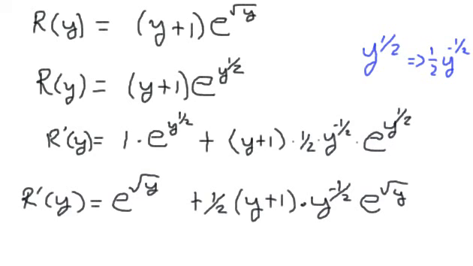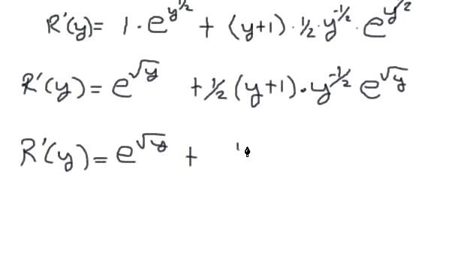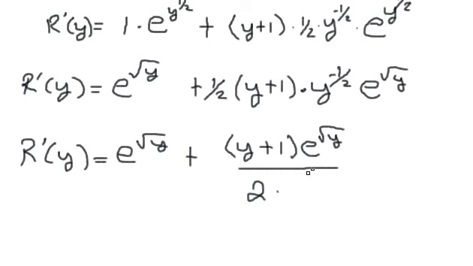Let me go ahead and write this one more time. So r prime of y is equal to e to the square root of y plus, now I'm going to leave the y plus 1 in the numerator, put parentheses around it, times e to the square root of y, and that's all going to be over 2 times the square root of y, and I think that's as far as I'm going to go on that.